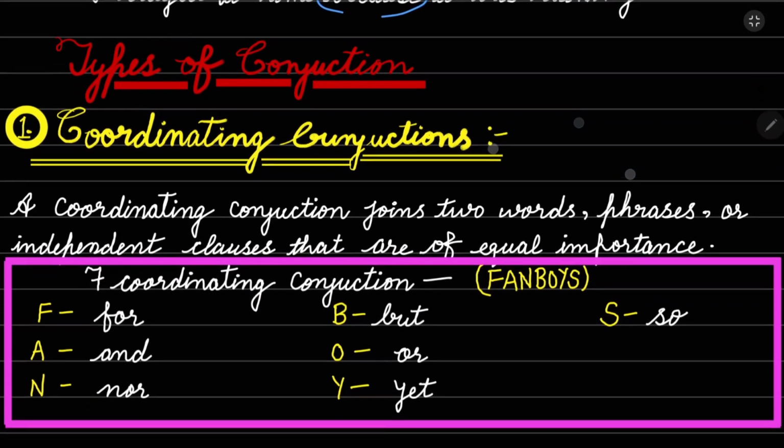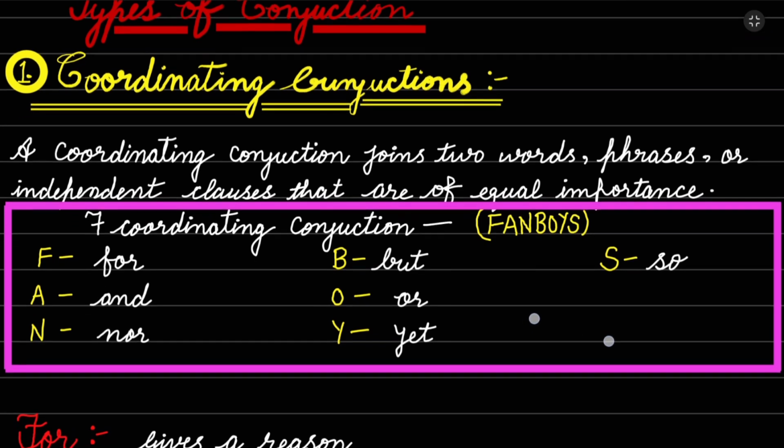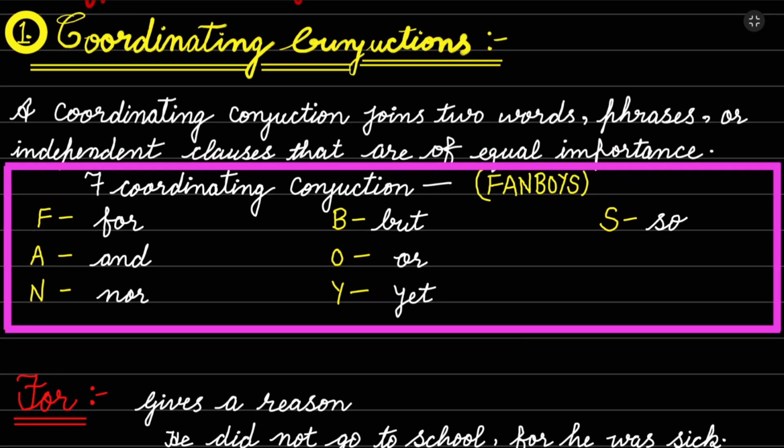Now there are three types of conjunction. Number one is coordinating conjunctions. A coordinating conjunction joins two words, phrases, or independent clauses that are of equal importance.